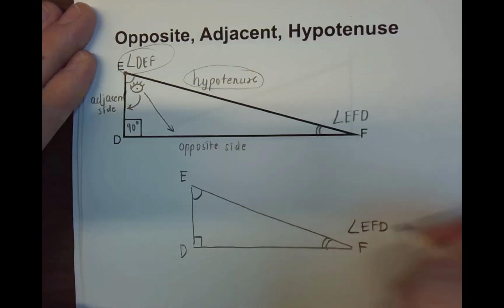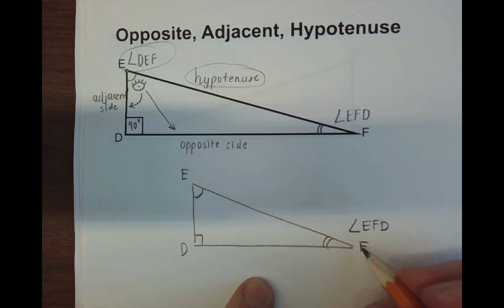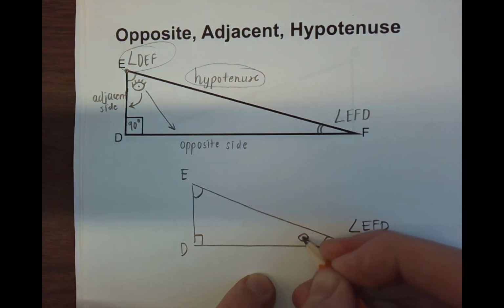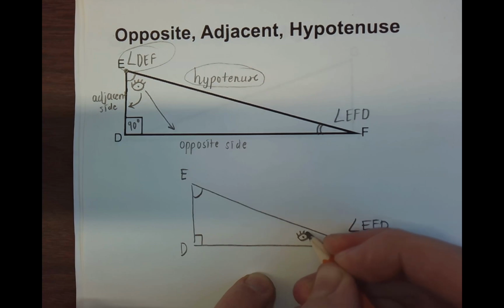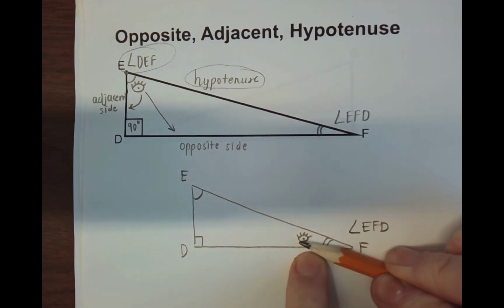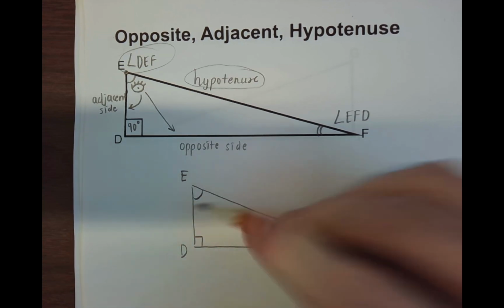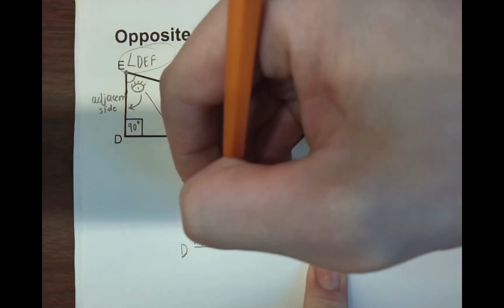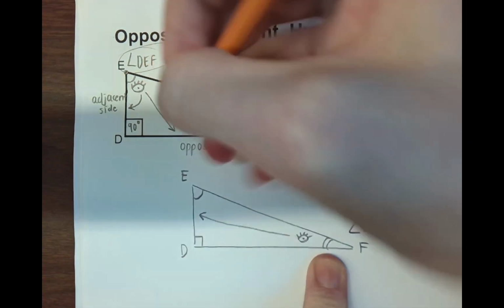But from the perspective of angle EFD, again, if that eyeball's looking out, what's opposite to it? Oh, well, it's actually this side.